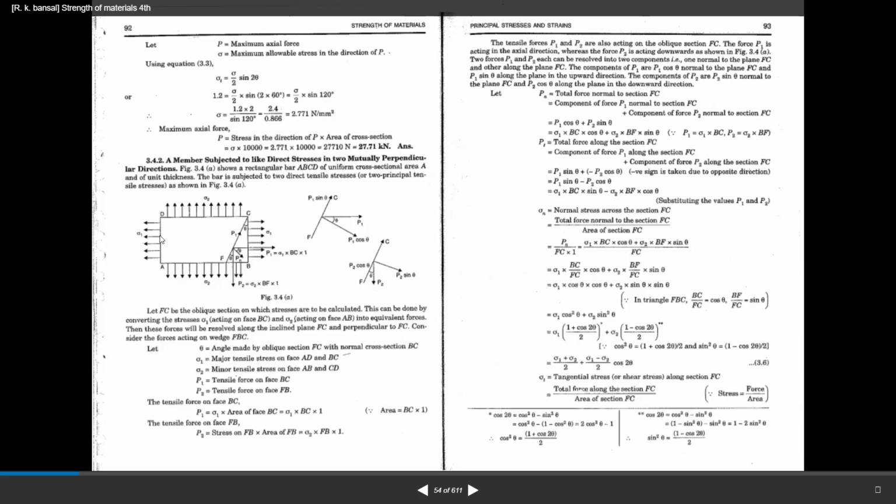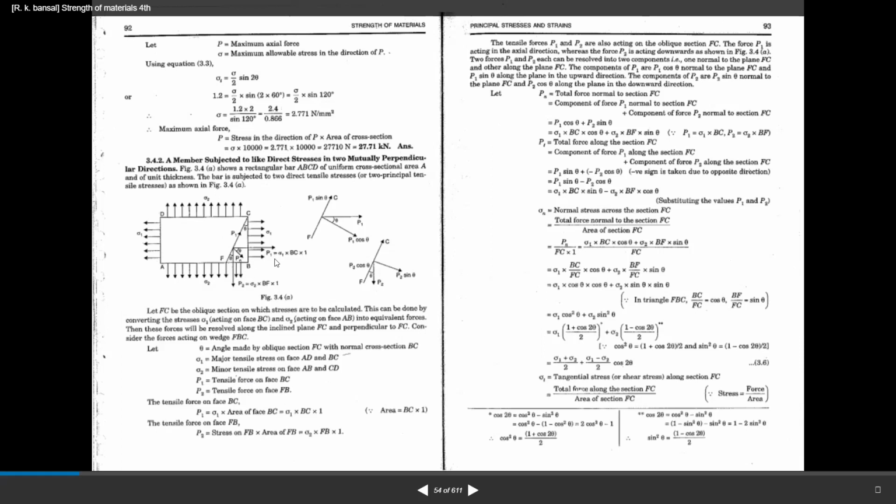Sigma 2 equal to the minor tensile stress on faces AB and CD. P1 equal to the tensile force on face BC, and P2 equal to the tensile force on face FB.